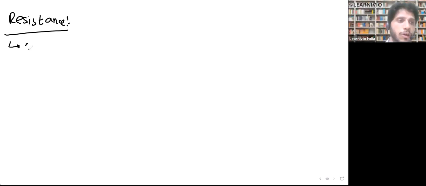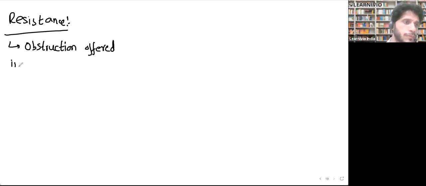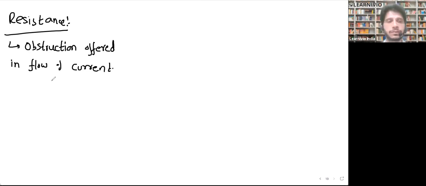So resistance is obstruction offered in flow of current. So obstruction offered by material in the flow of current is resistance. Its SI unit is ohm. That's resistance.